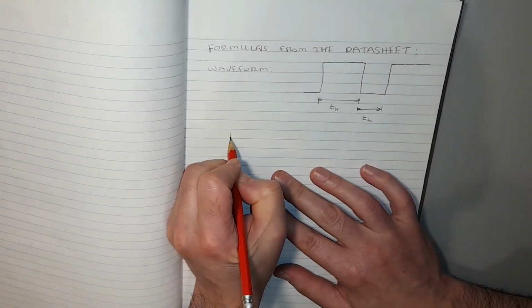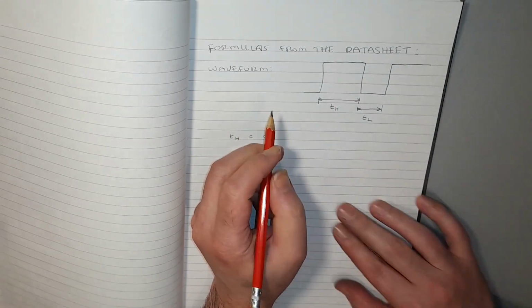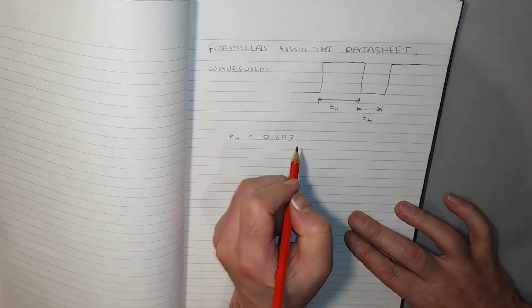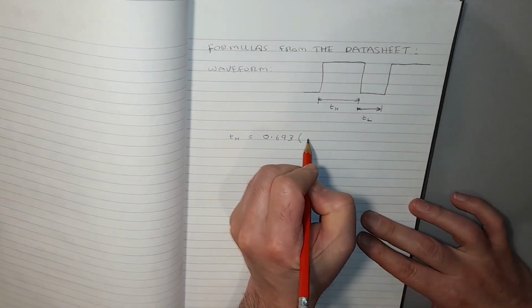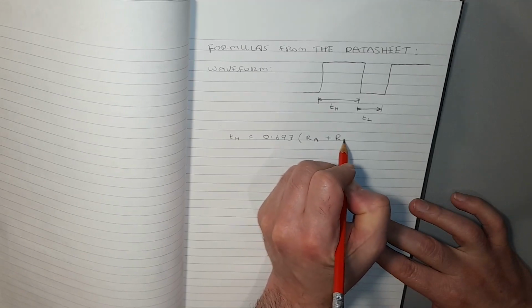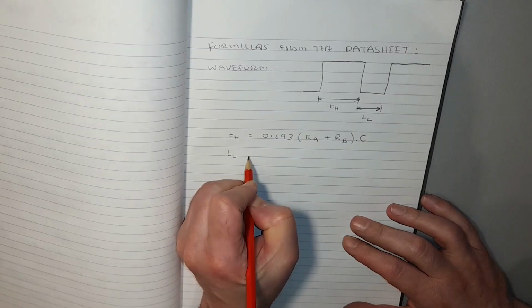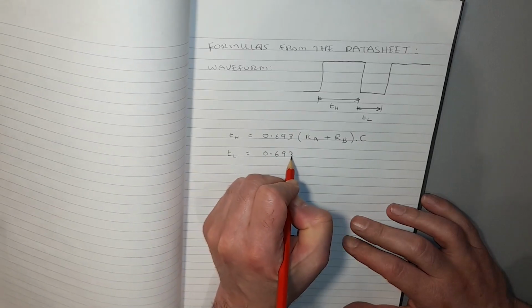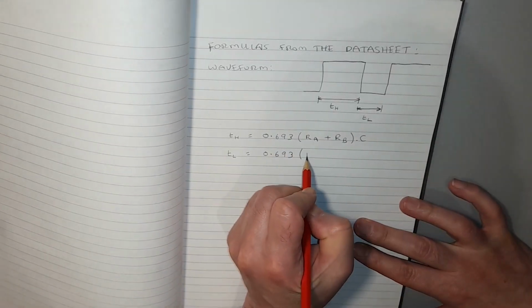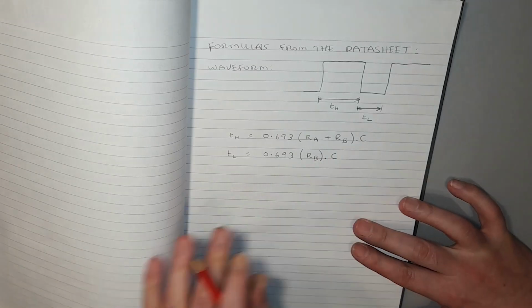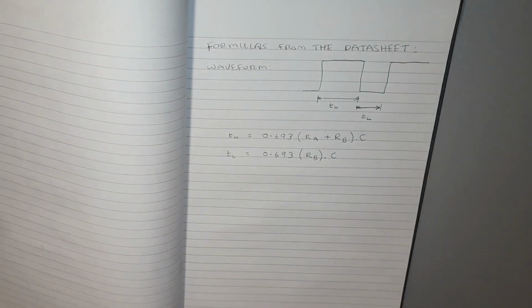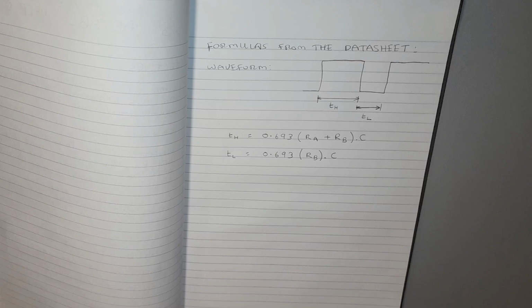So the TH is given by the formula 0.693 of RA plus RB added together times the capacitor value C. And TL, the off time, is given by 0.693 of RB times the capacitor C.